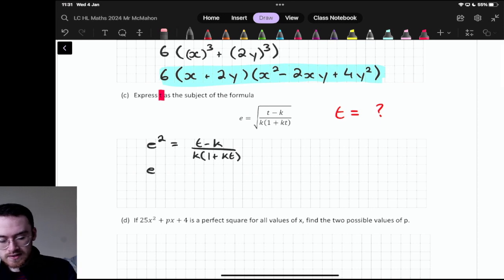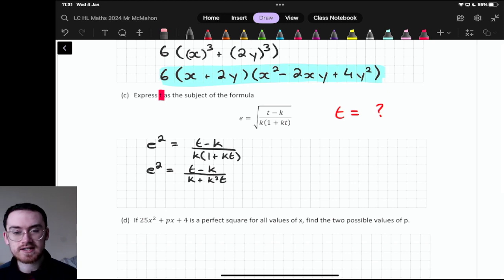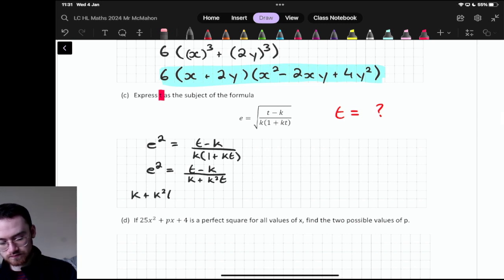Okay, what I'm going to do at this point is actually just multiply out that bottom line as well. You could not do this and that would also be fine, but just to keep it nice and tidy for myself, I'm going to multiply that out. What I'm going to do next is I'm going to multiply across by the bottom of that fraction.